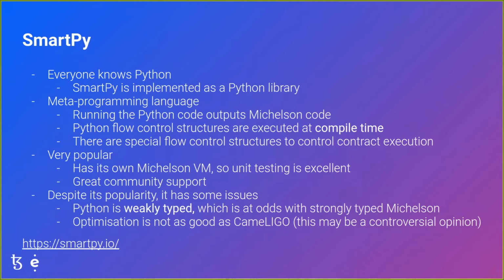And it would seem that the optimization that SmartPy offers in terms of the length and efficiency of the Michelson code it outputs is not as good as what the CameLIGO compiler generates. Now, this may be a controversial opinion. Some SmartPy aficionados might say that we're just using it wrong. But our personal experience was that CameLIGO resulted in better code for us.